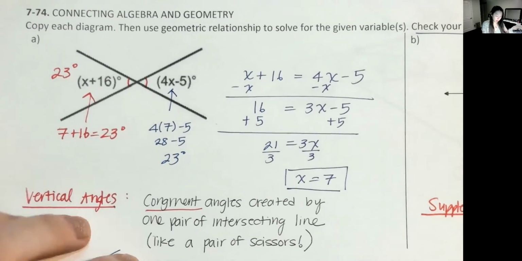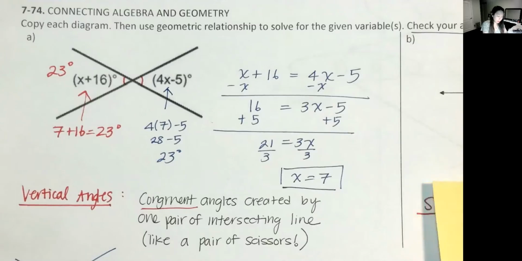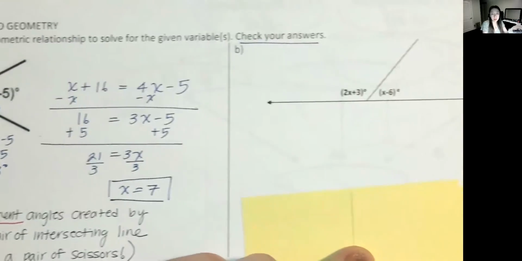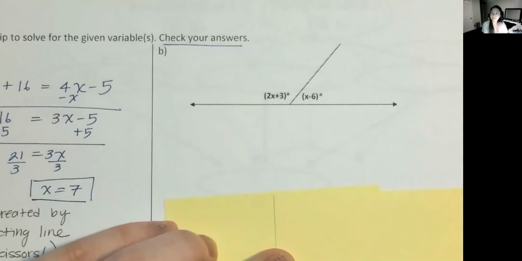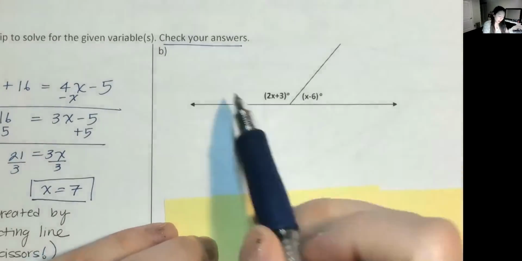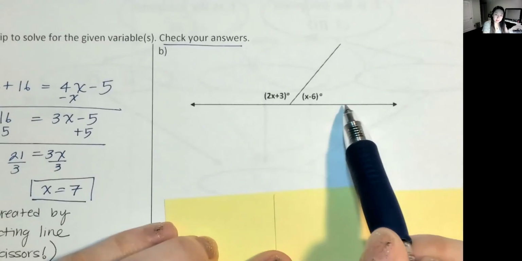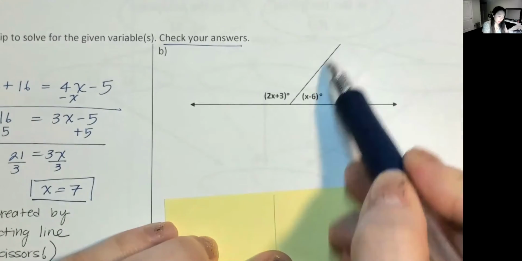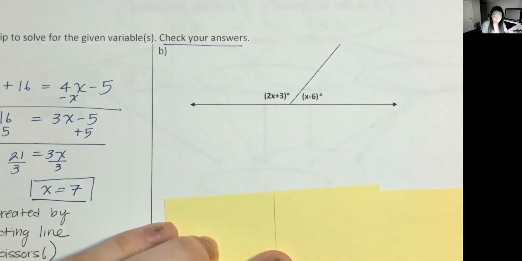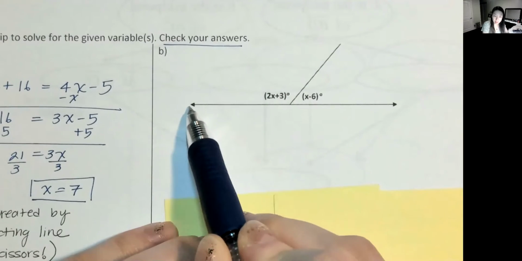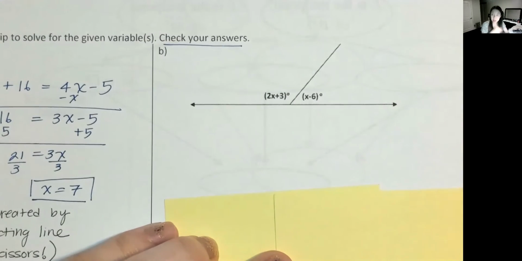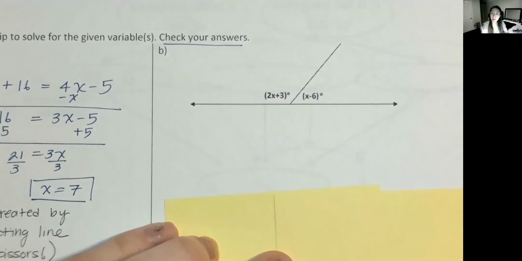And the next one that I'm going to show you, I think you might know this pretty well as well. This one. I got a straight line, okay? The line through, so I got two separate angles. Two angles put together on a straight linear line. What kind of angles are these ones?